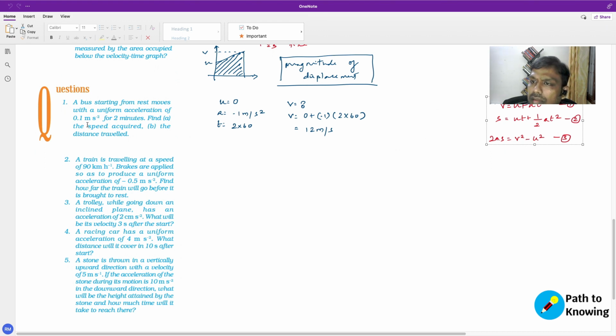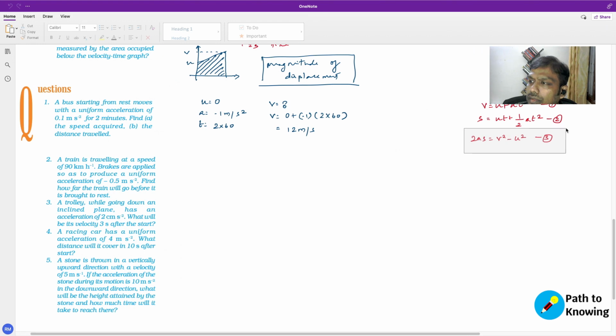Now, what is the distance traveled? Now we've got to capture s here. Now that we have calculated v, we can possibly use this formula, right? We know the acceleration and so on.